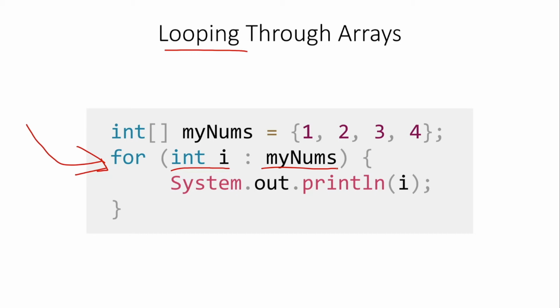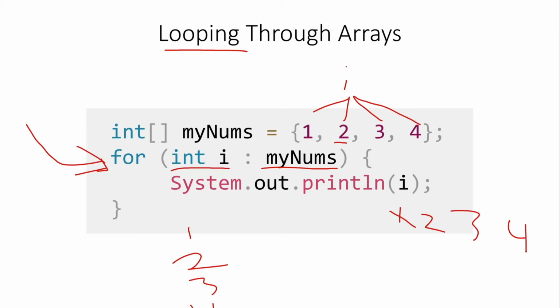And i will change, and you'll be able to traverse through each of these elements. So, in this case, it will print 1, 2, 3, and 4. Because on the first iteration of this, i will be 1. And then on the next iteration, it'll move to the second one, and it'll be 2. Then it'll be 3. Then it'll be 4.